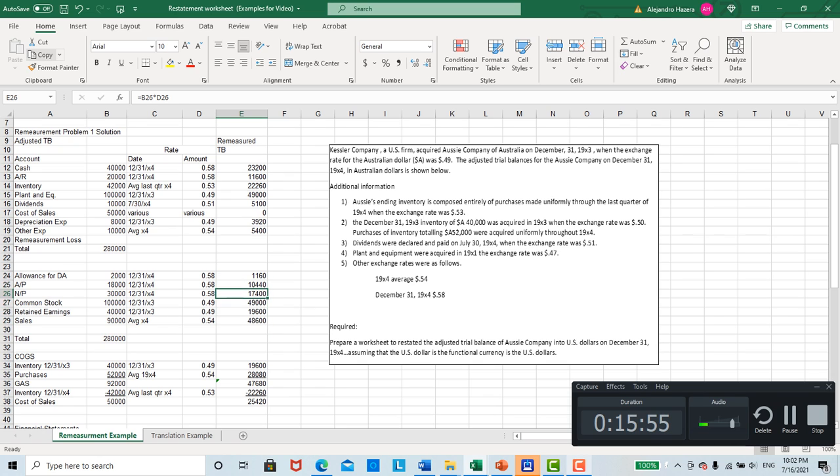So our total on the credit side is $146,200, equal to the sum of these things here.